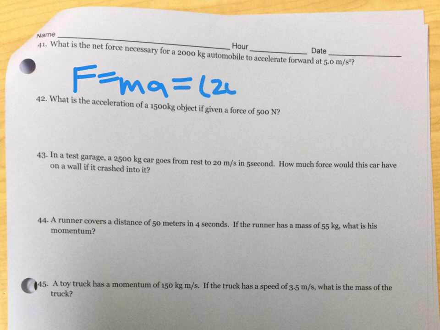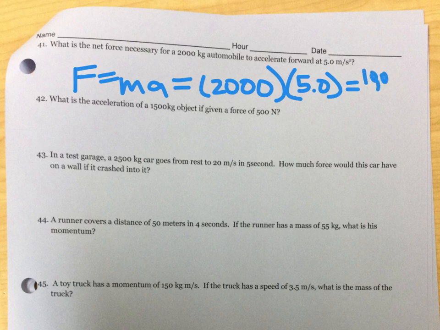We know the mass is 2,000 kilograms, and we know the acceleration is 5.0. And remember, whenever we're multiplying mass in kilograms by acceleration in meters per second squared, that unit is going to be newtons. So 2,000 times 5, our answer there is going to be 10,000 newtons.